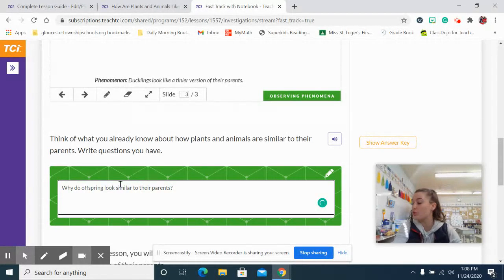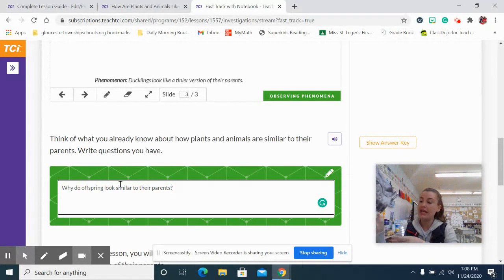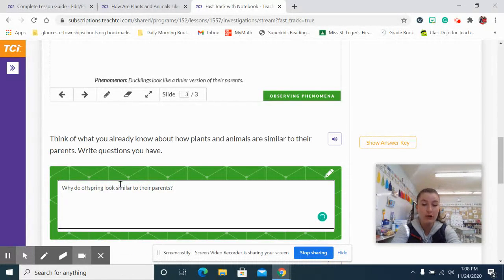Make sure you write this whole sentence on these lines right here in your own text. If you don't want to write that one, you could also write, I have another one. You could pick one. Do offspring always look like their parents? So friends, if you want, you can absolutely pick one of those questions and write it in your textbook on page 9.